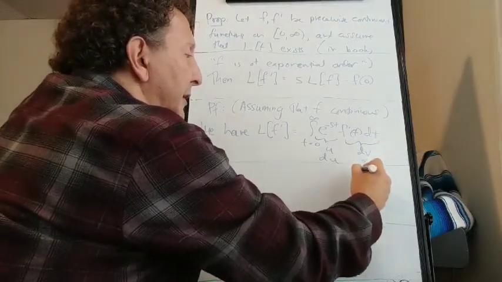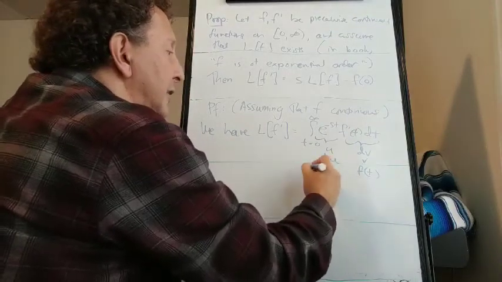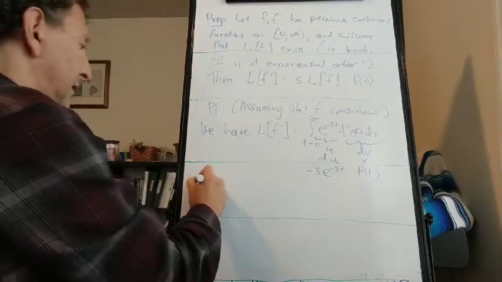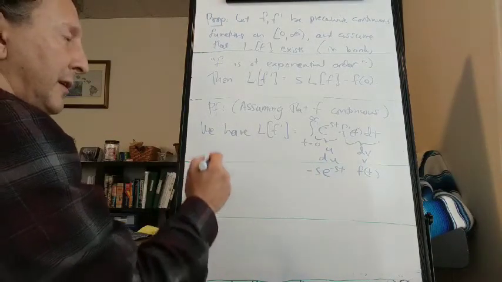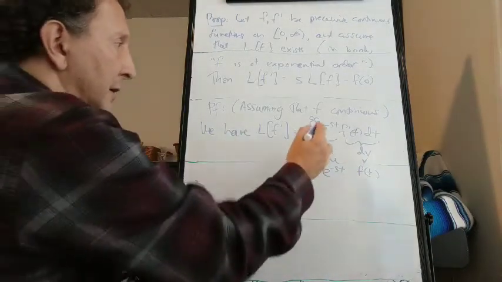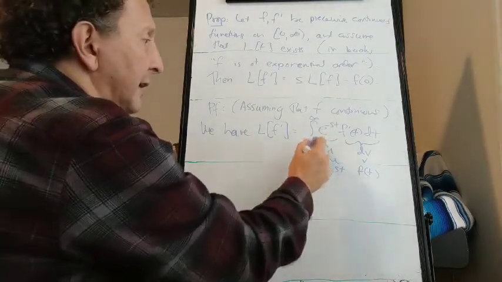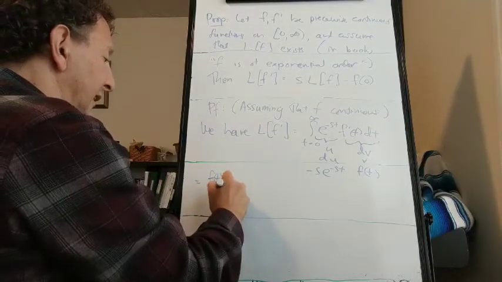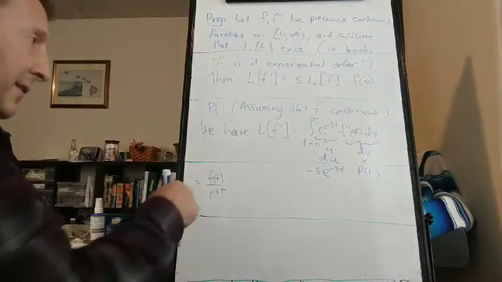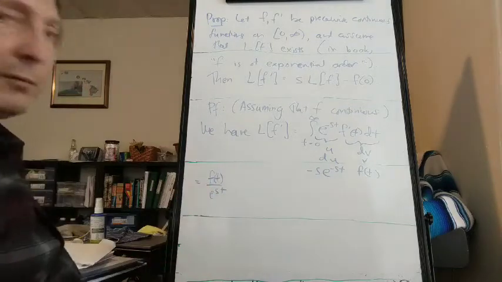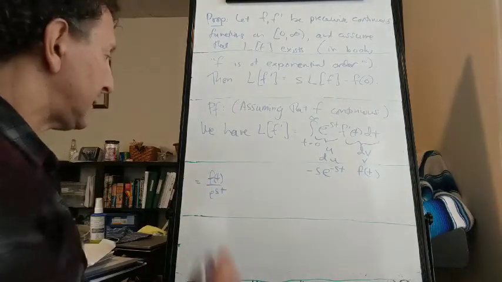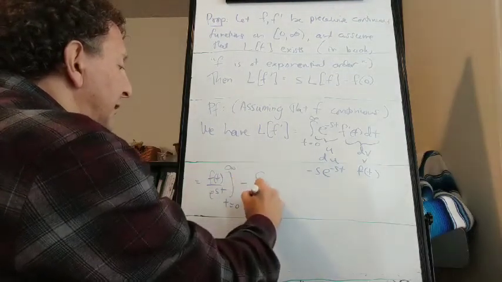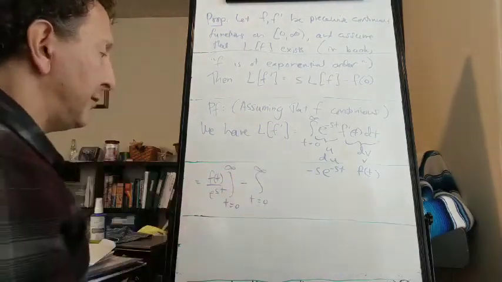Then v is going to be f of t, and du is going to be negative s e to the negative st. So we have uv, e to the negative st f of t, which I'm going to write as f of t over e to the st, because dividing by e to the st is the same as multiplying by e to the negative st. So that evaluated from 0 to infinity minus the integral from 0 to infinity of v du.